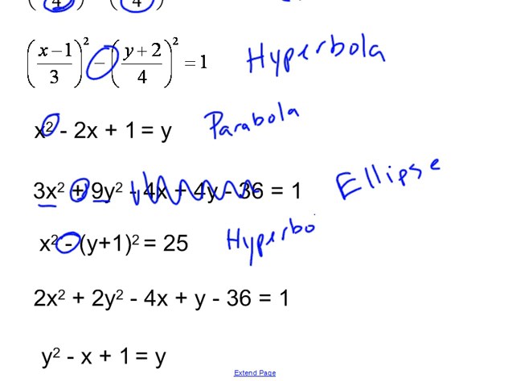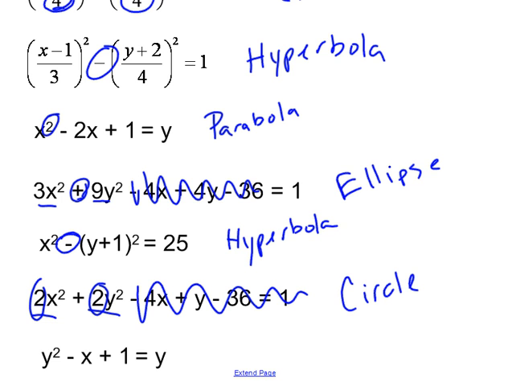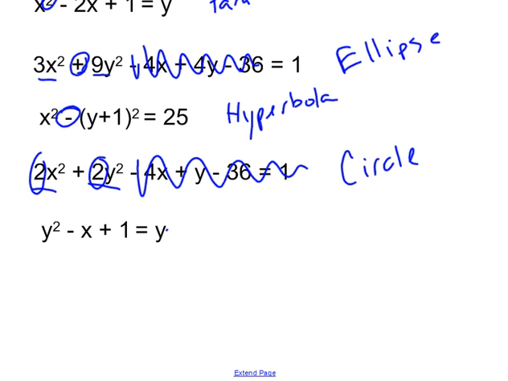I always say that as I spell it, so I spell it right, but it's pronounced hyperbola. And then again, plus, same coefficient, don't care about any of that, this is a circle. One squared term, parabola. So hopefully you got the idea of identifying what it is.